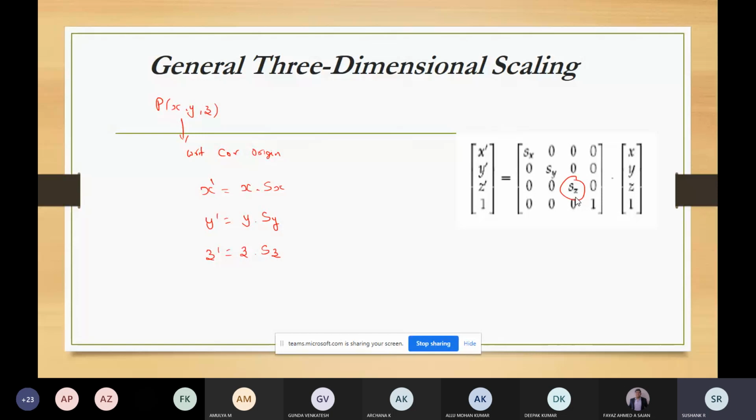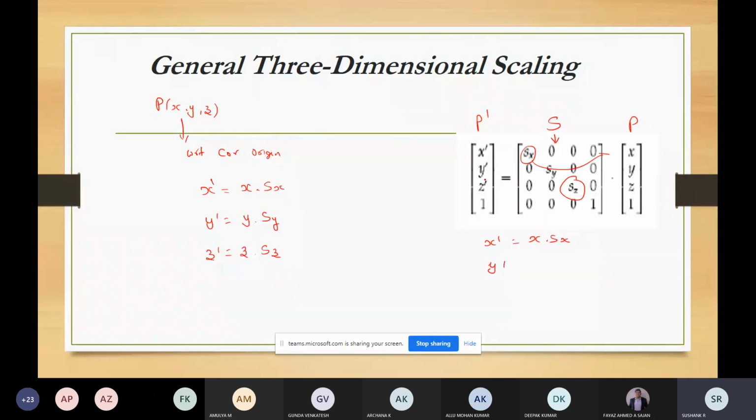Taking the point P given by x comma y comma z, the new point P dash, given by x dash y dash z dash, is obtained by the scaling matrix, which contains scaling values for the x-axis, y-axis, and z-axis. If you expand this matrix, x dash will be equal to x into Sx, which gives the x-axis value.